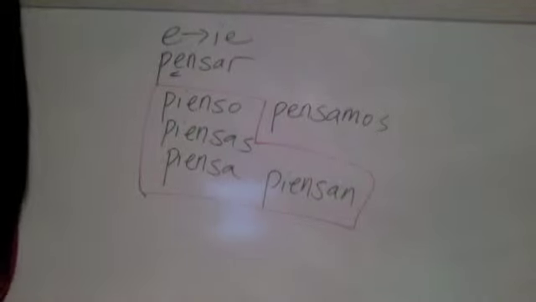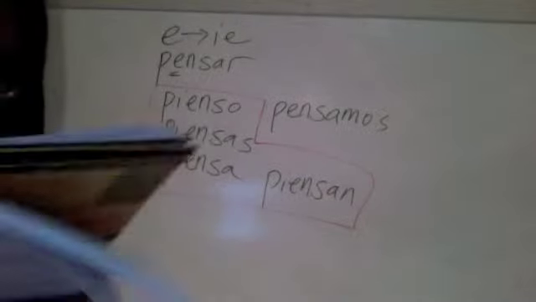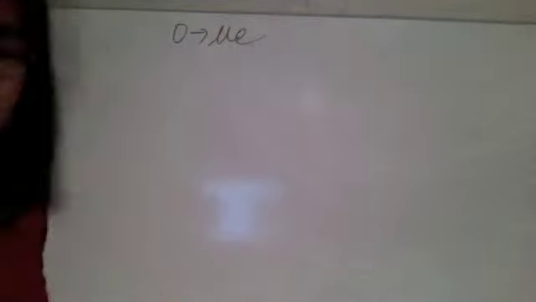Other types of stem change in Spanish include O to UE, U to UE and E to I, and let's go over examples. Let's go over O to UE. The example that we're going to use now is volver.